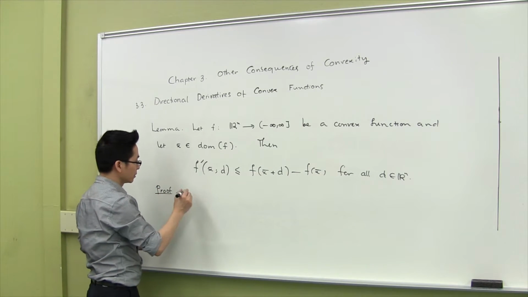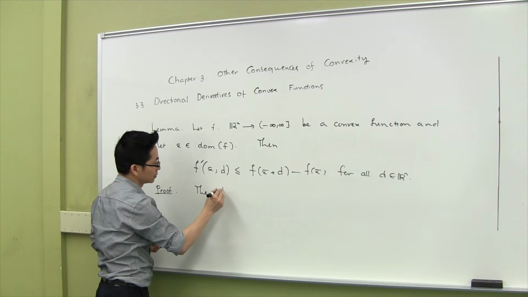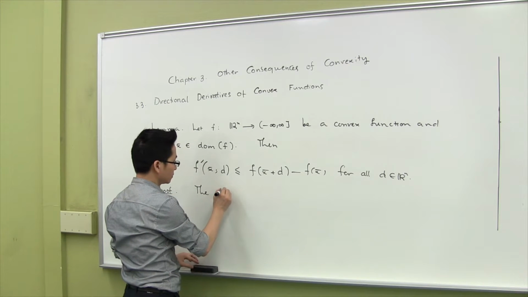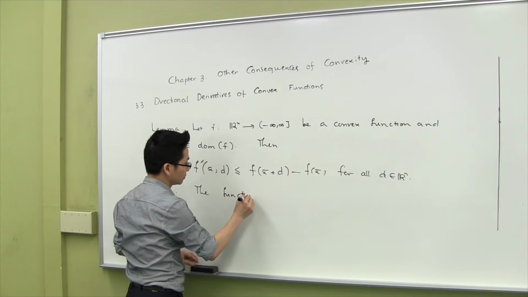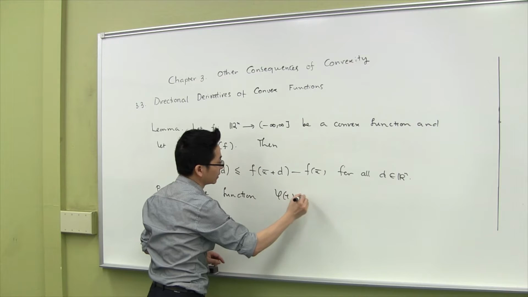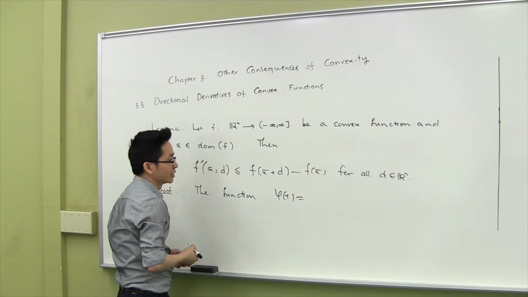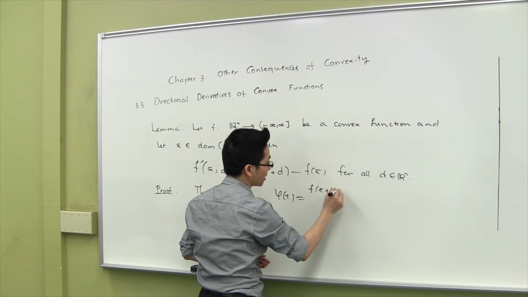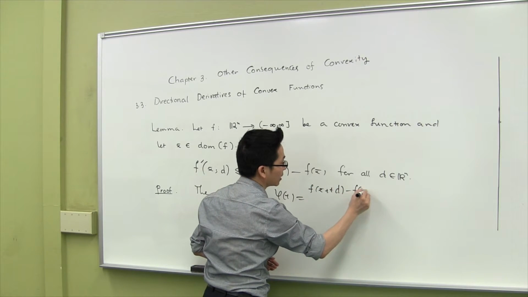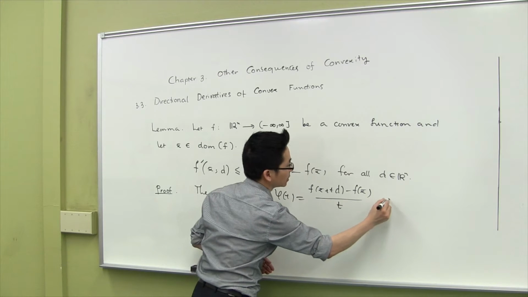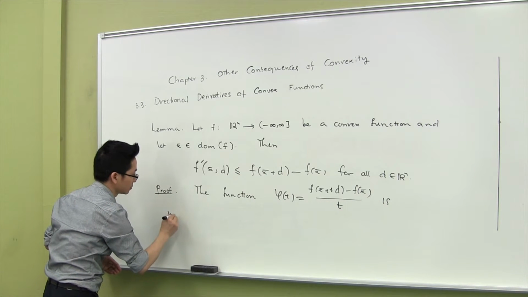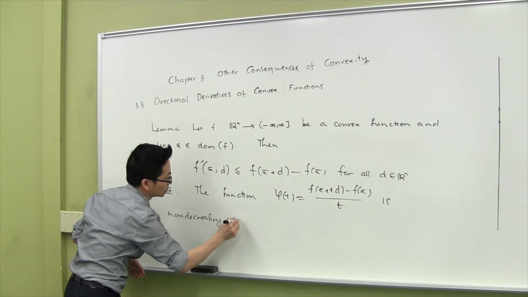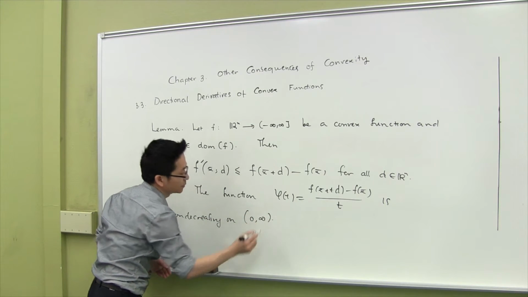As we know, the function phi given by phi(t) = f(x bar) + t(d - f(x bar))/t is non-decreasing on the interval 0 to infinity.